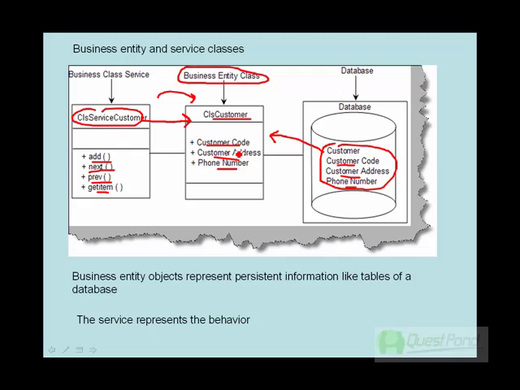When you write your technical architecture document, you would like to represent these scenarios where you separate the entity, or the data, from the behavior, in order to make the system more flexible.